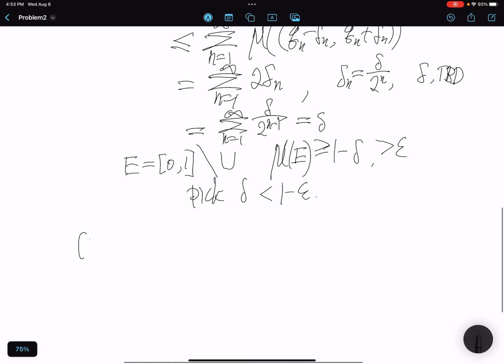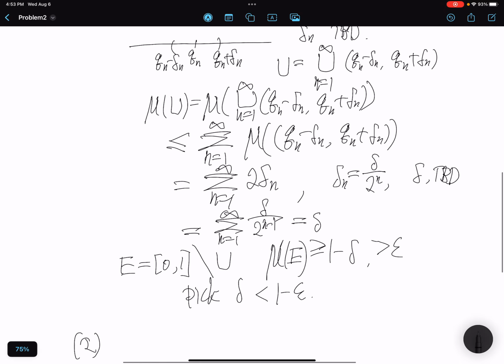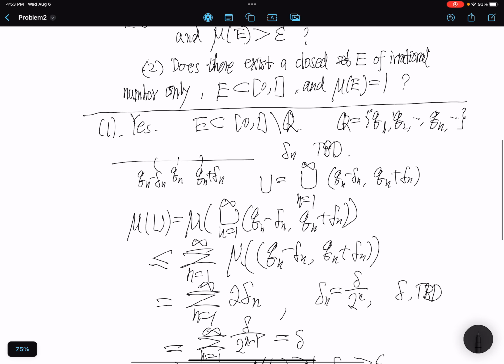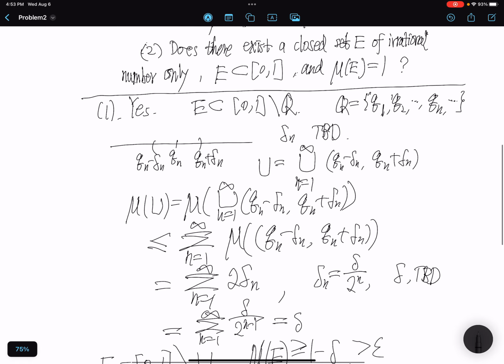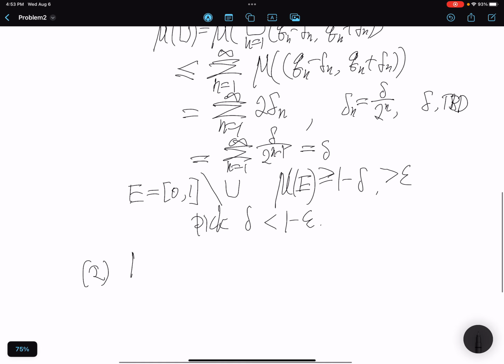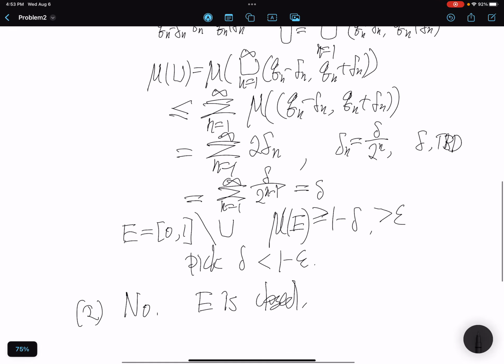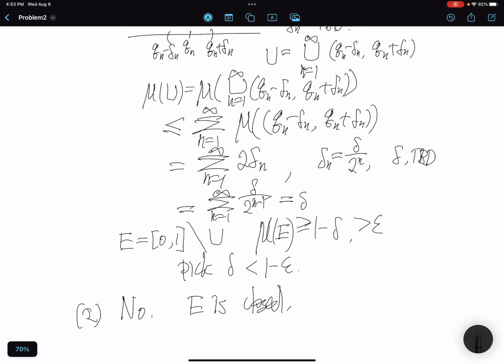For the second one, can E have total measure 1? The answer is no. Why? Let's suppose there exists such an E. E is closed, and E has only irrational numbers.